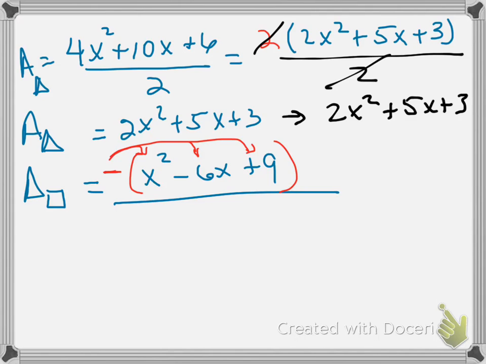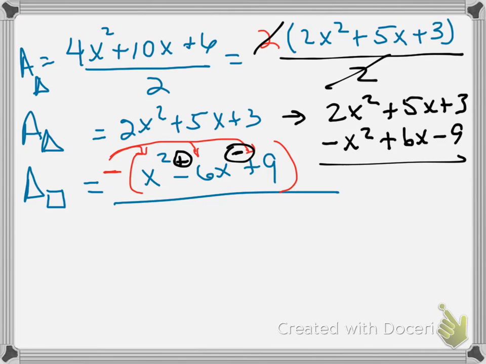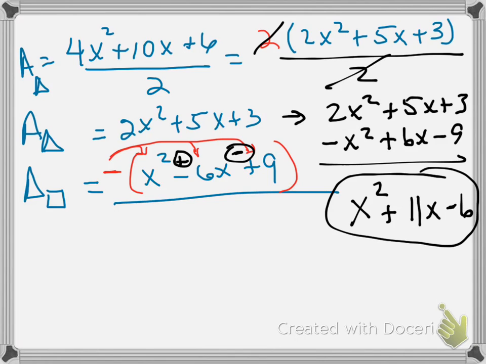This one will be negative x squared plus 6x minus 9, because these will change to the opposite signs. So let's finish this off. This will be 2x squared minus x squared is x squared, 5x plus 6x is 11x, and the other one is minus 6. So this is my area of the shaded region.